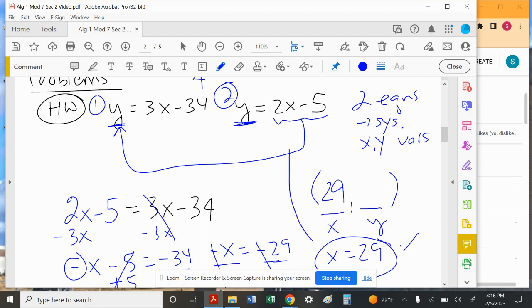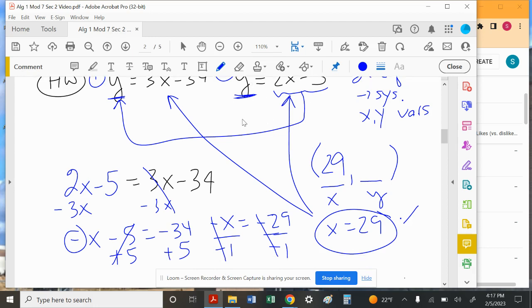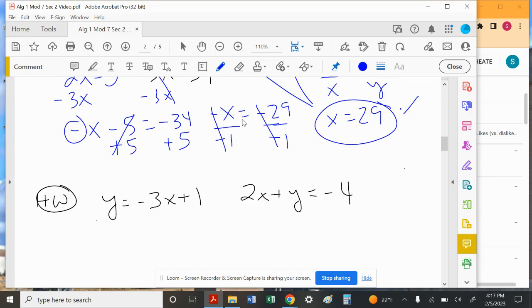I can plug it in here, or I can plug it in here. Notice you want to see what's easier. I have 3 times 29, that's going to be a big number. And 2 times 29 is still a big number, but not as big as 3 times 29. So I'm going to use the second equation, y equals 2x minus 5.